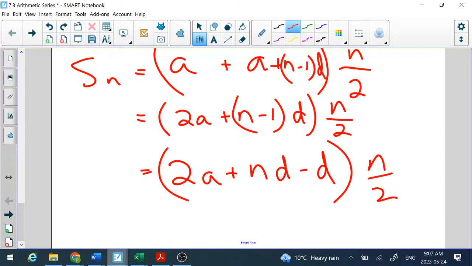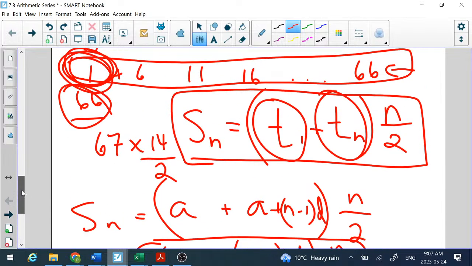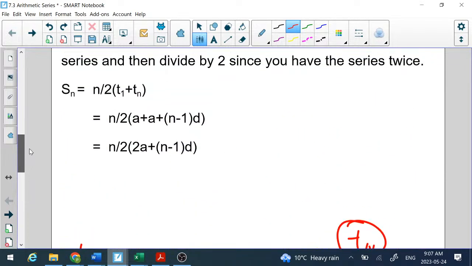Well, it's not really necessary to keep simplifying it. This one right here is pretty good. But we could simplify it some more, and it would involve multiplying by n, and the n would cancel with this n. Anyway, this is the one that I would suggest you use, or the one with t1 plus tn, those two. So I've got them written here.